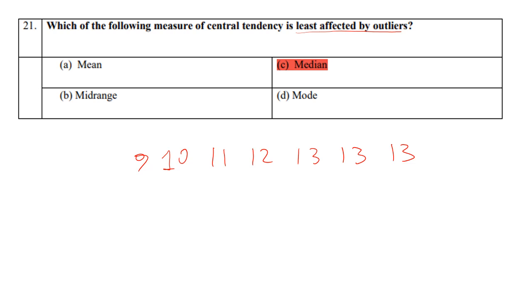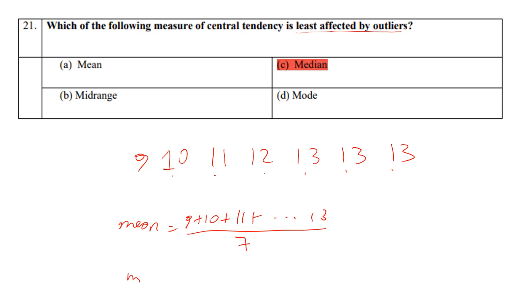Now what is the mean of this? You add all of them and get the average. So the mean is 9 plus 10 plus 11 and up to 13, the last one, divided by 7.